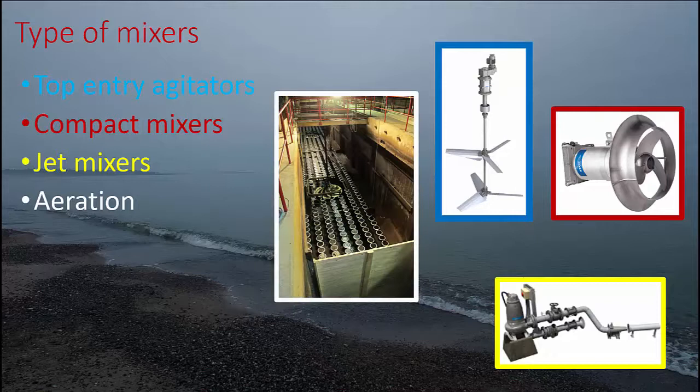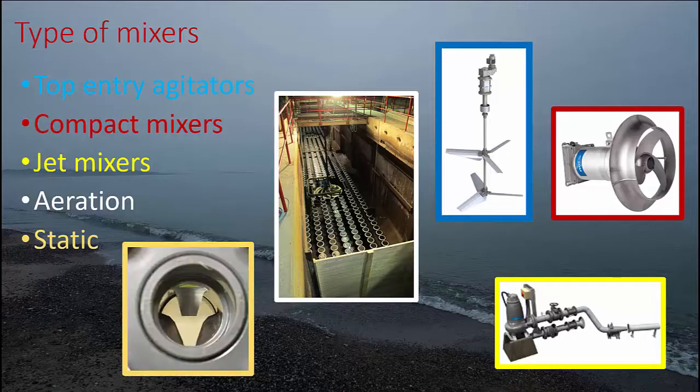And aeration system, shown here on the picture, has two functions, of course: to transfer the oxygen as efficiently as possible to the bacteria. Secondly, it's also a mixer or a mixing system for the sludge, to keep the sludge in suspension. Also, we have static mixers, and I haven't touched on them in this video until now. But static mixer you can use, for example, when you mix chemical or flocculants with the water before flocculation.